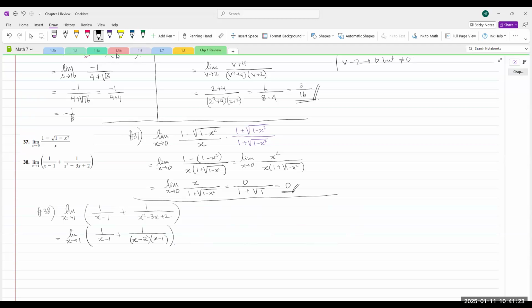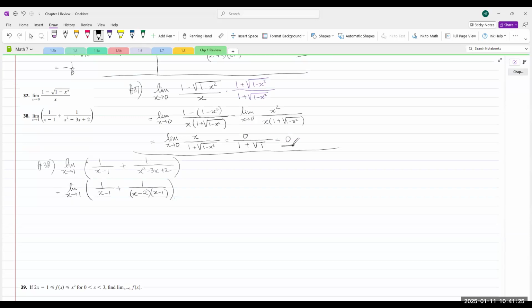Okay, now to put them together, it means the first fraction needs to have the LCD x minus 2 as well. So that would be (x minus 2) over (x minus 2)(x minus 1) plus 1 over (x minus 2)(x minus 1).